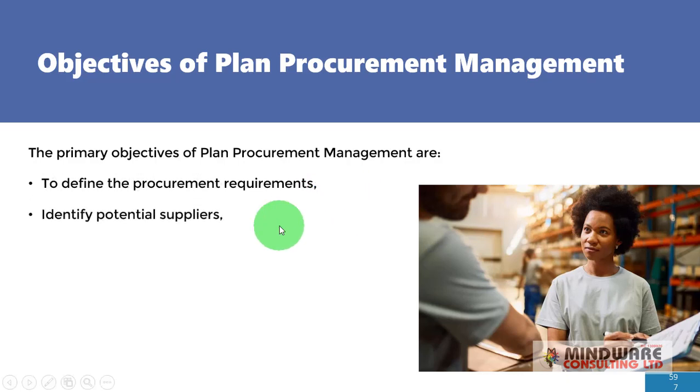Then you're going to identify potential suppliers based on the procurement requirements, based on the project requirements. Who are the most ideal suppliers that can meet this requirement? You identify those potential suppliers and begin to work on ways to reach out to them.